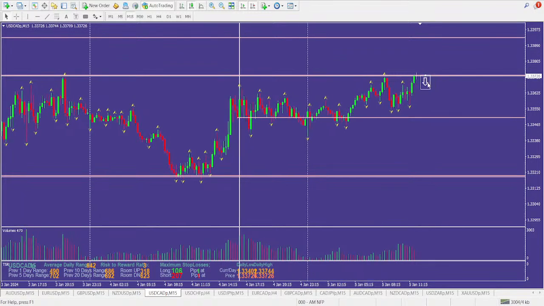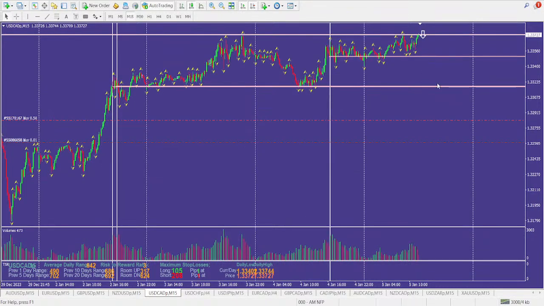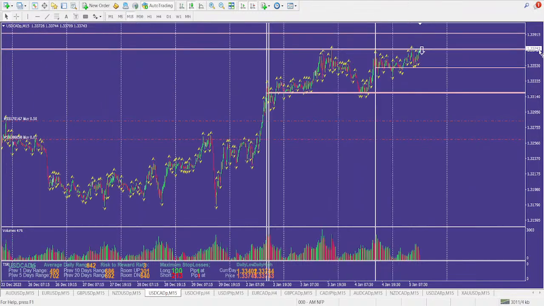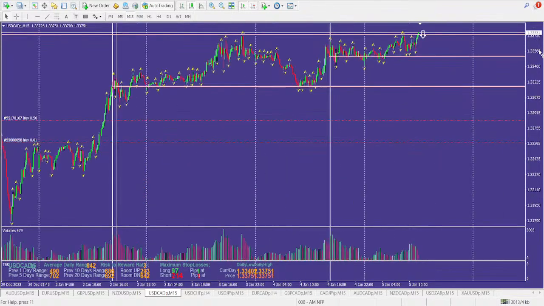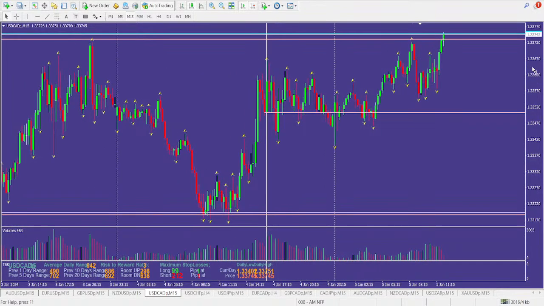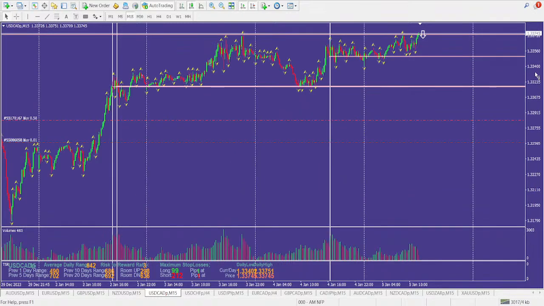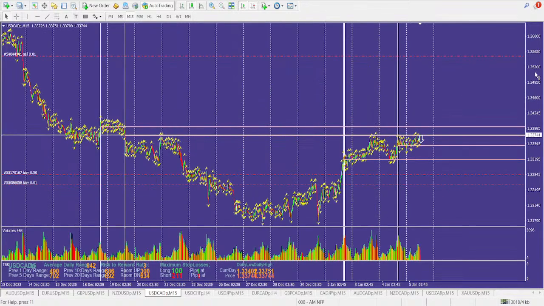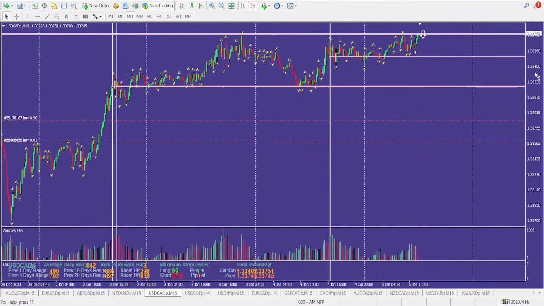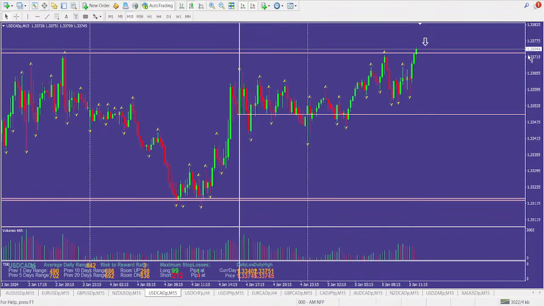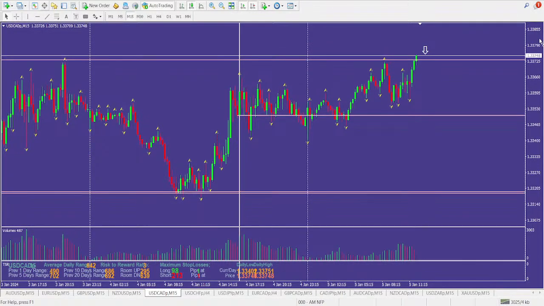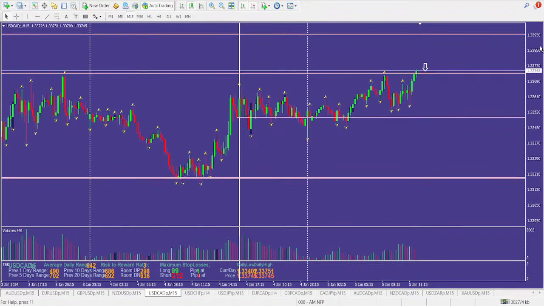Okay, testing supply number 1, so we'll be looking to sell at this point over here. Okay, now since price is testing that level at the moment, what we can wait for is obviously we'll wait for the most recent fractal high for a potential stop loss level over there. But yeah, that is USDCAD.